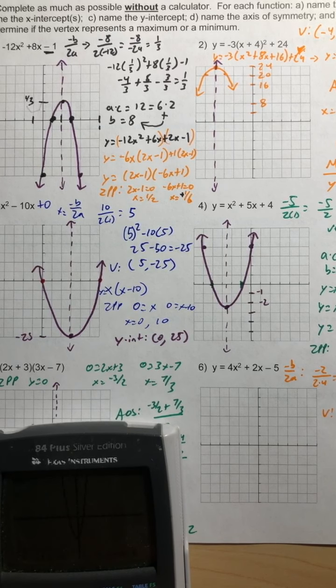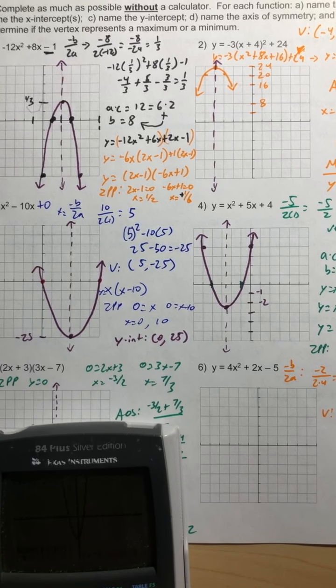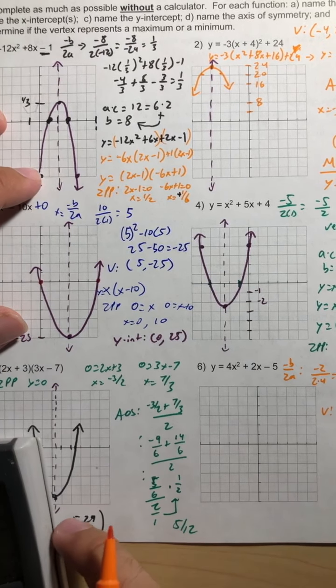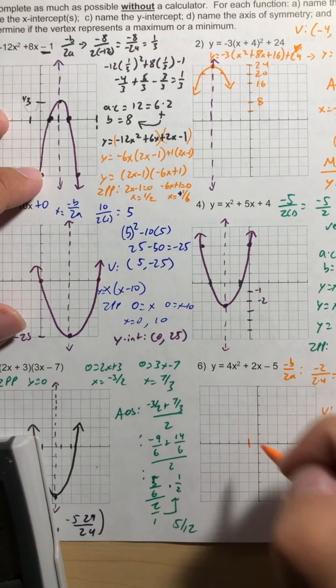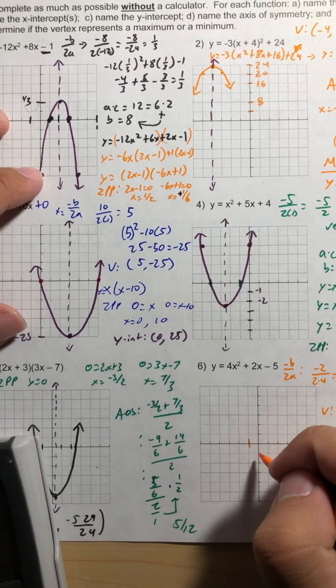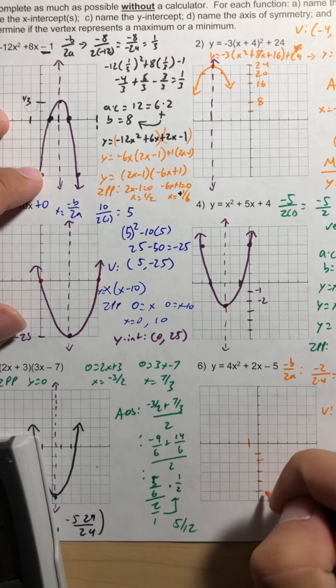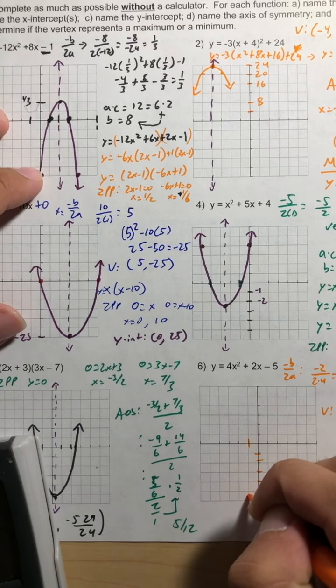So my minimum's at, let's just call this negative 1/4, and negative 5, so I'm right around here.